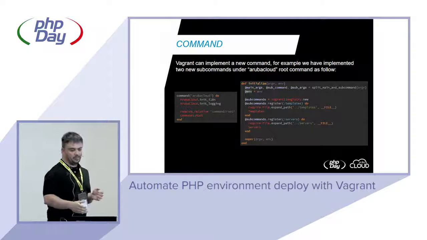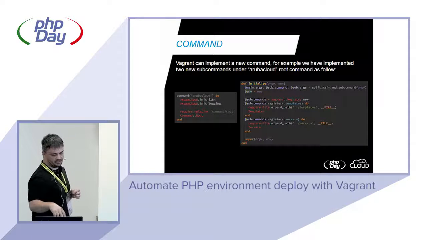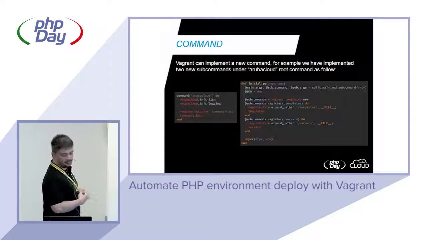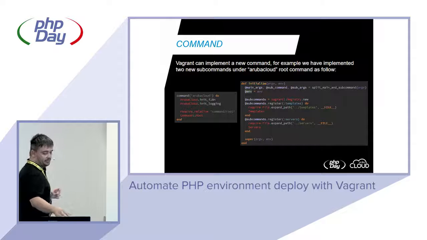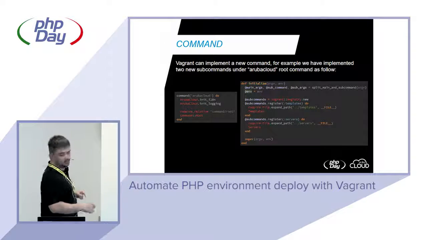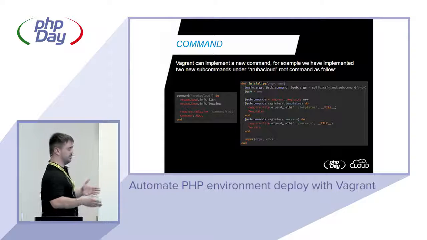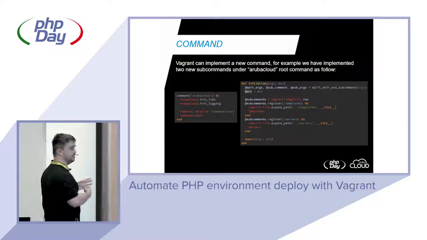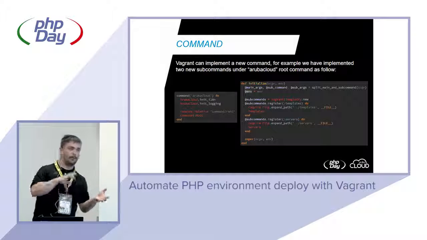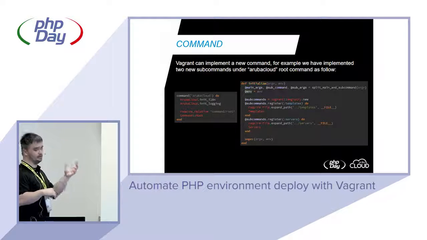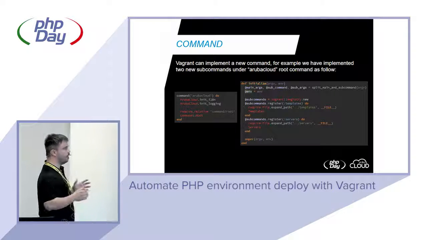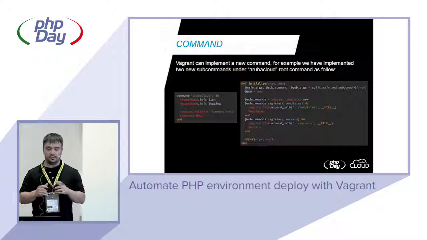It's really simple because you just register the new commands inside the rb file and register the classes. Templates and servers in this case are two files that each contain a single class that extends the base command class inside the Vagrant core. And you have two new commands available within your CLI.